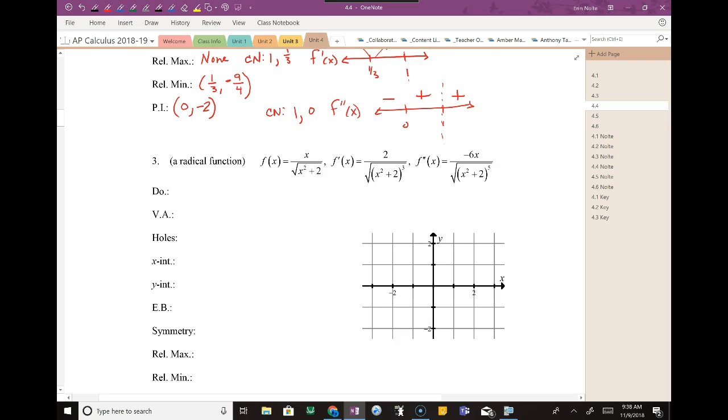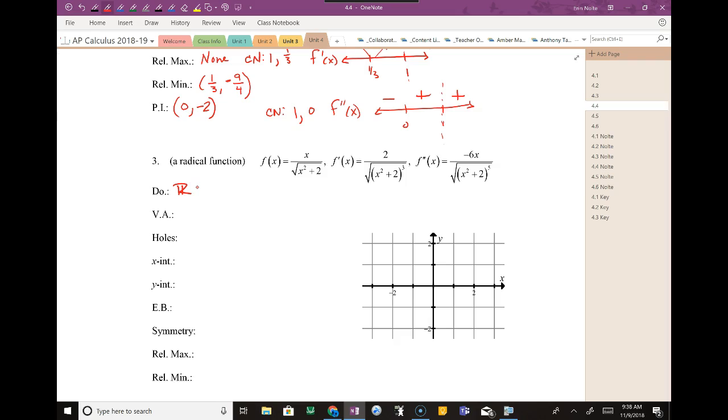So the inside of the square root is x squared plus 2. Will x squared plus 2 ever equal 0 or ever be negative? No. So do I have a domain restriction? No. So this one actually has no domain restrictions, even though it looks like it really should.